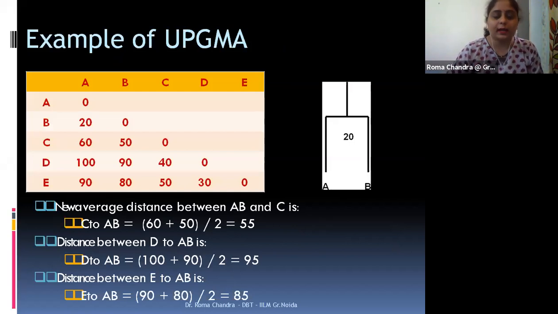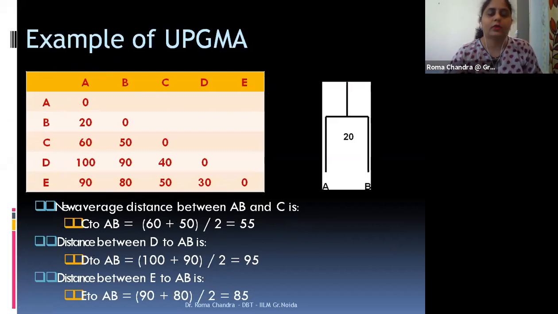I am just giving you the common example of our UPGMA method. In this example you can see A, B, C, D, E, and here again you are seeing A, B, C, D, E. What this example is showing is that A, B, C, D, E are the 5 sequences.